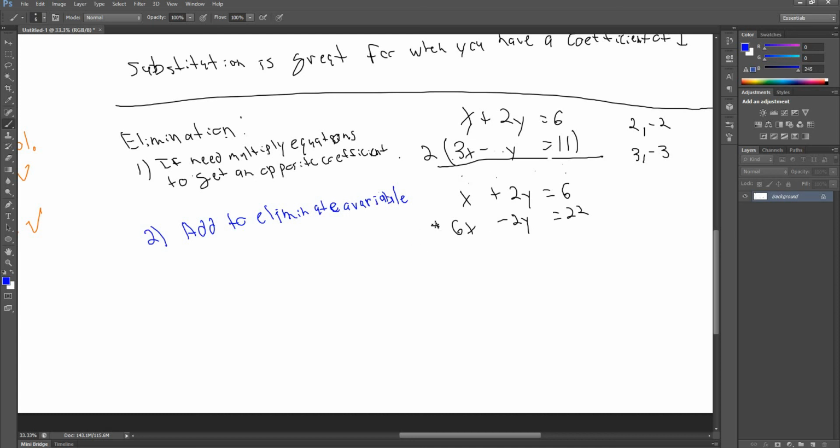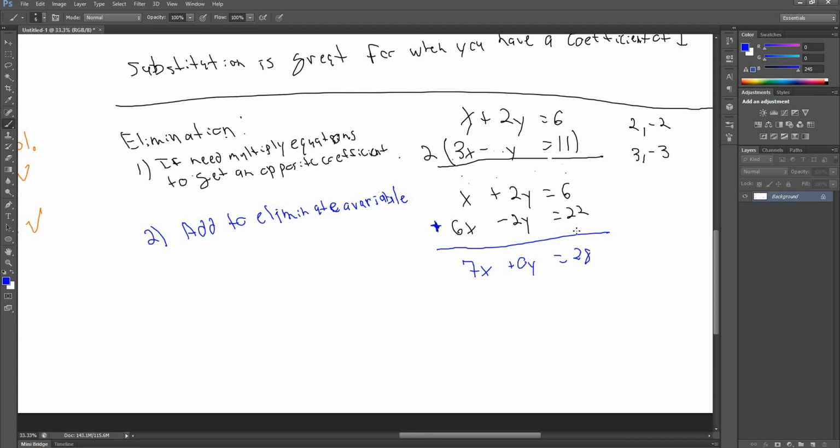We're going to add equation 2 to equation 1. This will give us opposites in terms of my y coefficients. So I'll have 7x. This cancels out the 2 y's, so plus 0y is equal to 28.